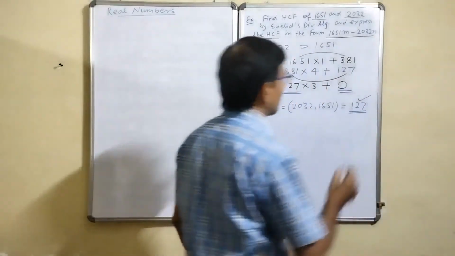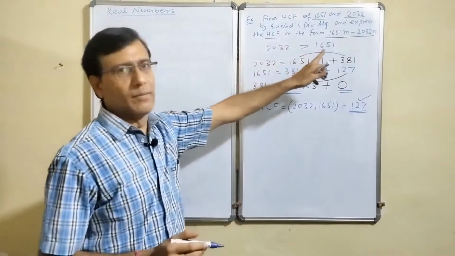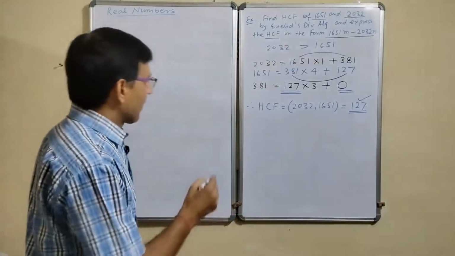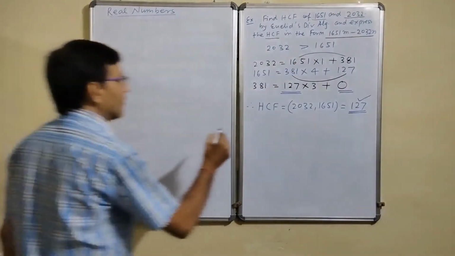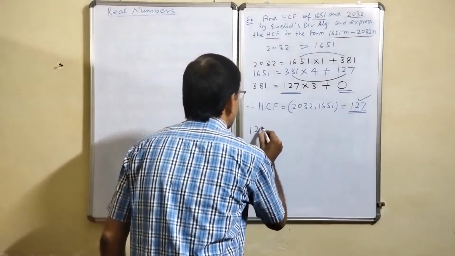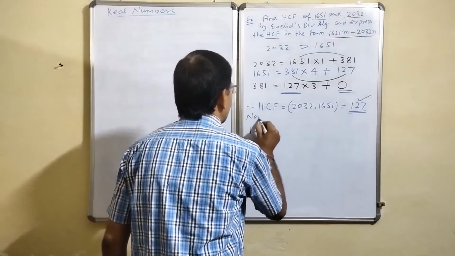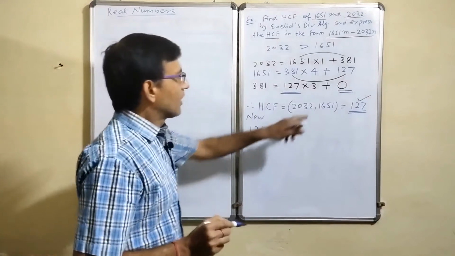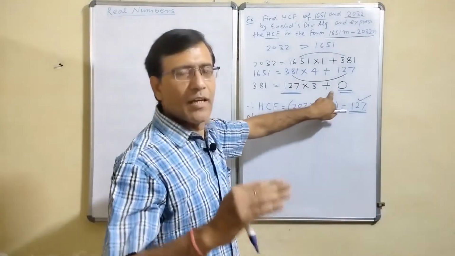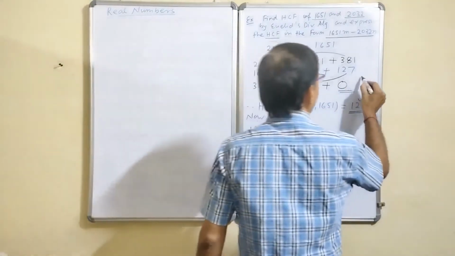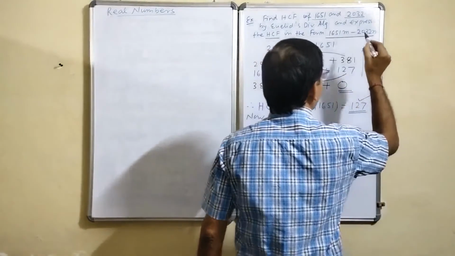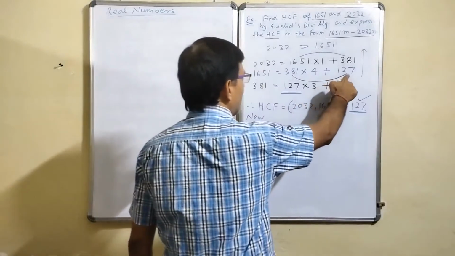Now we have the HCF. Now we have to express HCF in that form. So for this purpose, we'll write HCF as 127. Here the remainder is 0, so we start from the last step, going from below upwards.